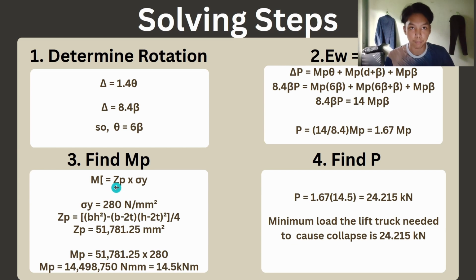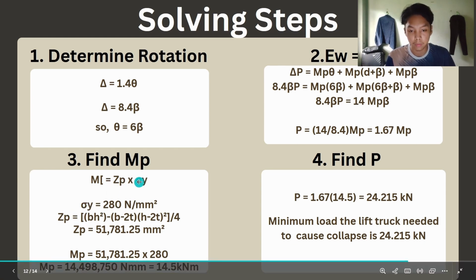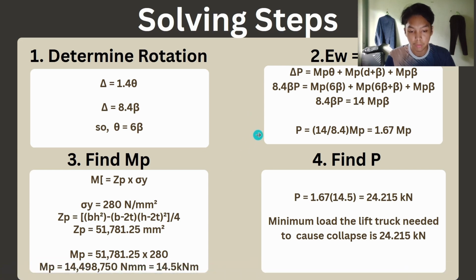The next step, we need to find the Mp. Mp is equal to Zp times sigma y. So from this formula, we will get that Mp is equal to 14.5 kilonewton meter. We will get that P is equal to 1.67 times 14.5, which will equal 24.215 kilonewton.